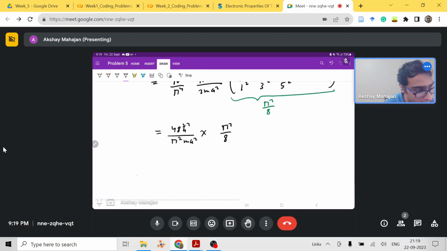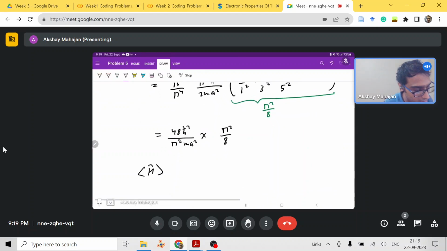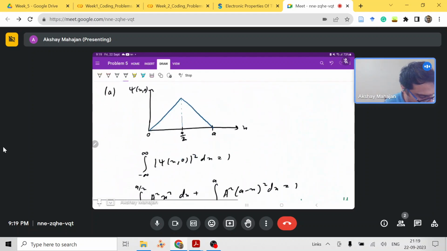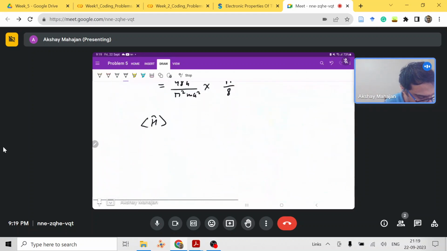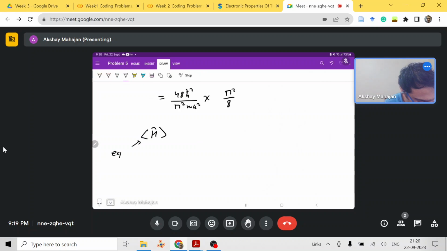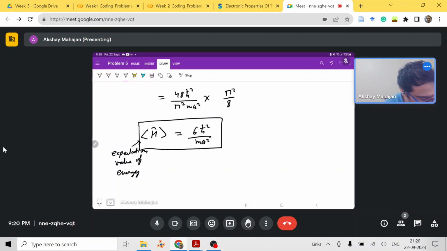So our expectation value of H, which is the expectation value of the energy, comes as 6 h-bar squared by m a squared.